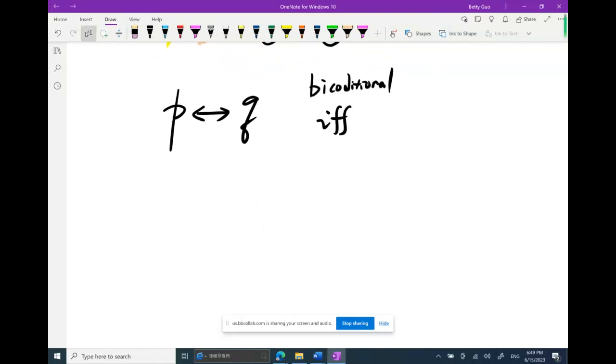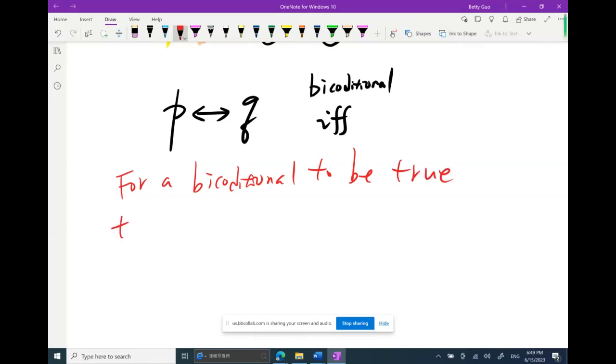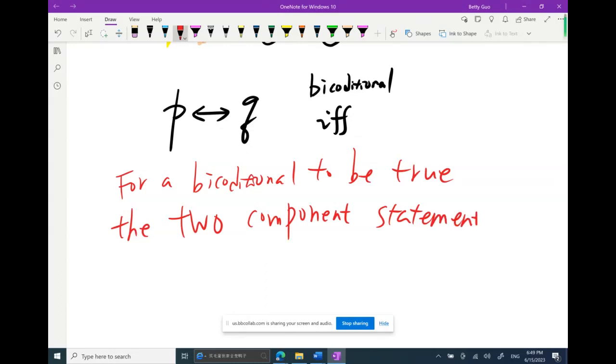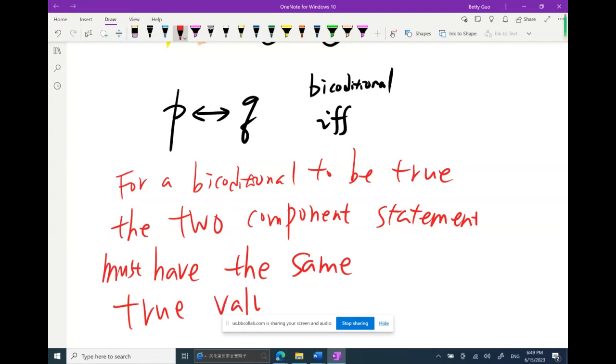The sentence we need to remember about the truth values of a biconditional statement is, for a biconditional to be true, the two component statements must have the same truth values.